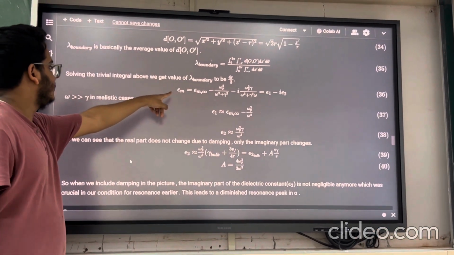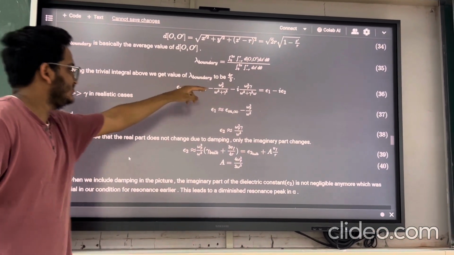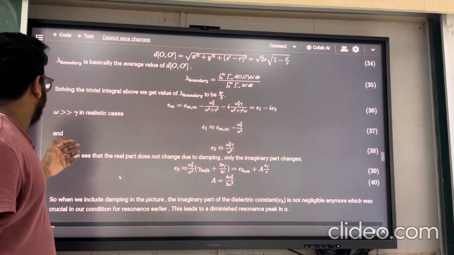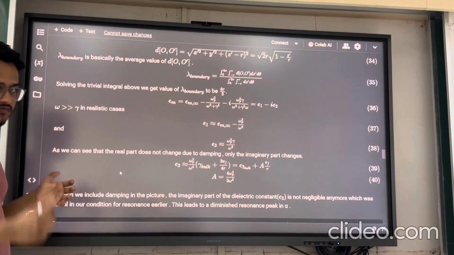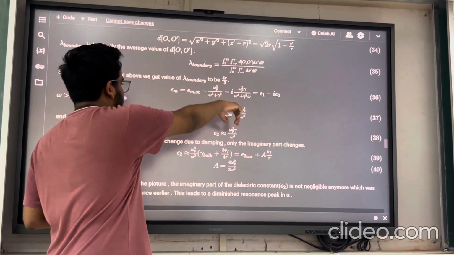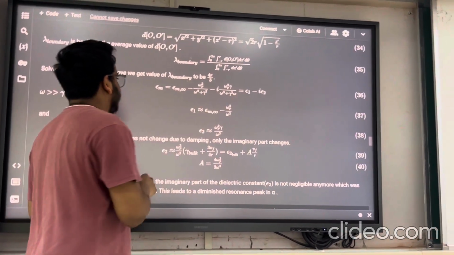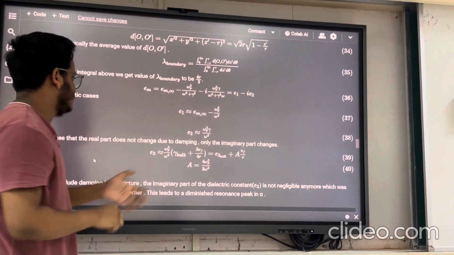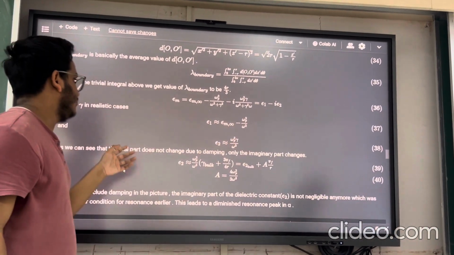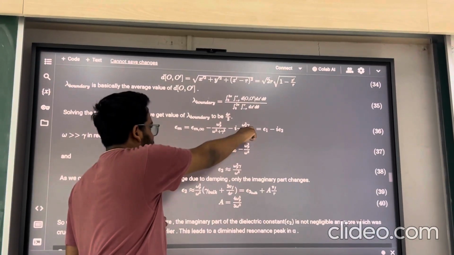So as we derived earlier, our epsilon n is this, and if omega is very much greater than gamma, which is usually the case, we can ignore gamma square in the real part, so it will just become epsilon n infinity minus omega p square by omega square, and the imaginary part will just become omega p square gamma by omega cube.